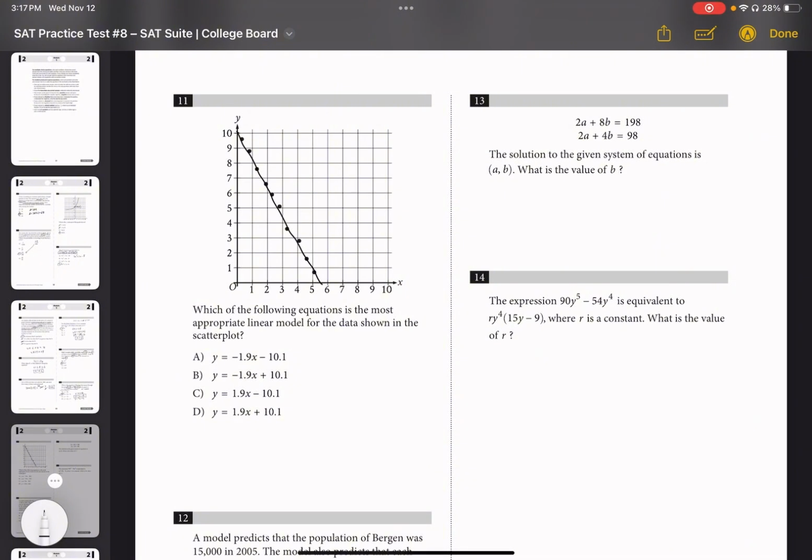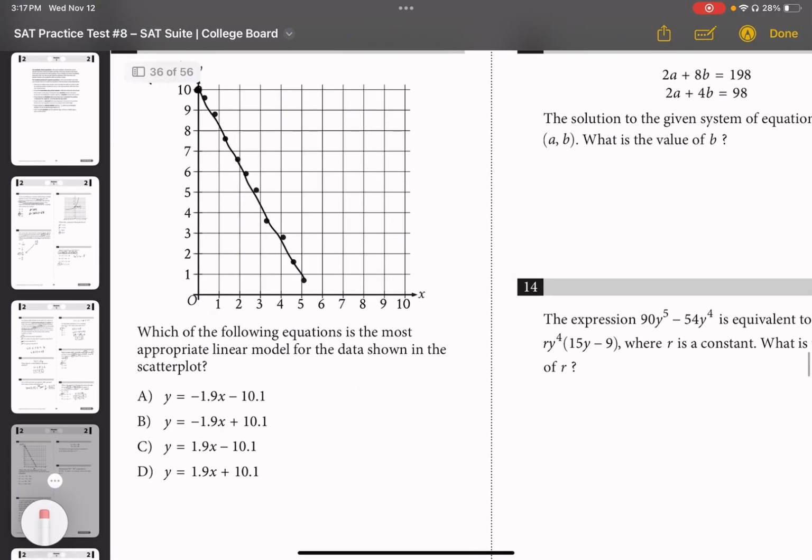So we're going to pick 2 points, let's say right here, (0, 10), and then right here at the end, which is (5.5, 0).